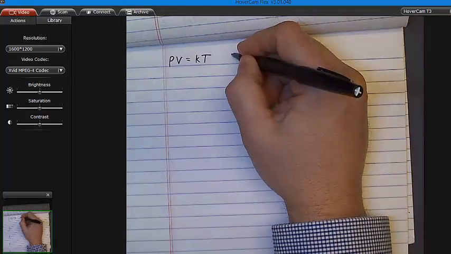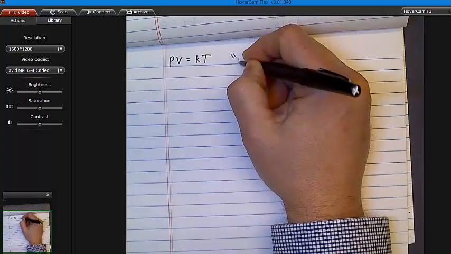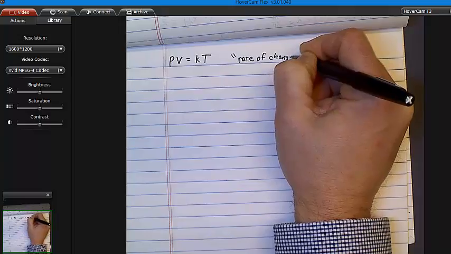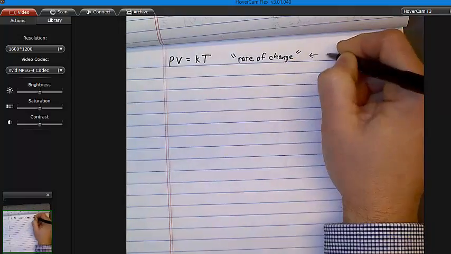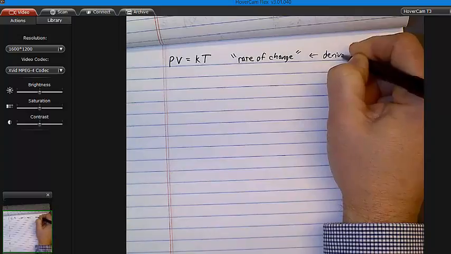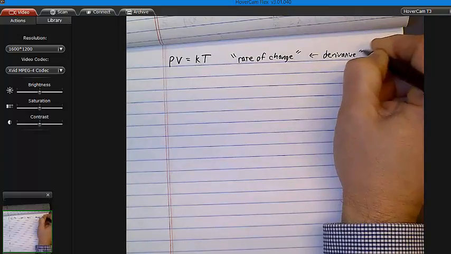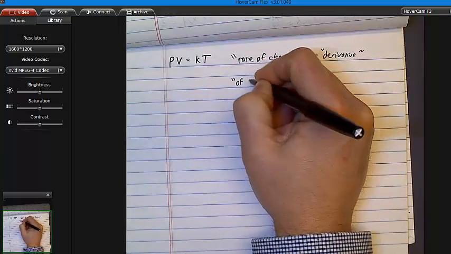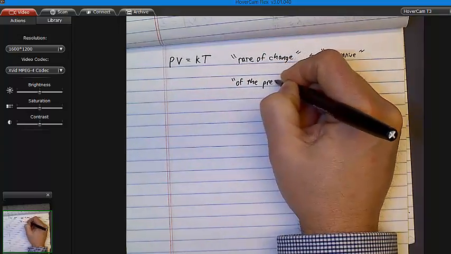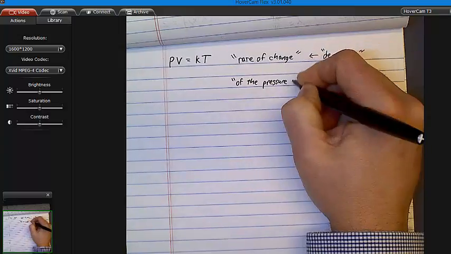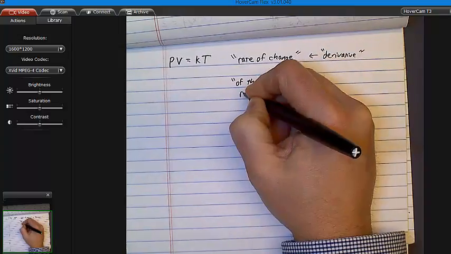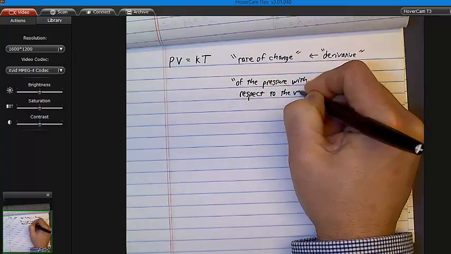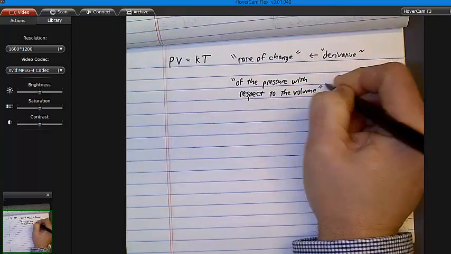So where it says rate of change, that makes me think derivative. Right? So you guys thought the same thing I did. And then it says of the pressure with respect to the volume, right?